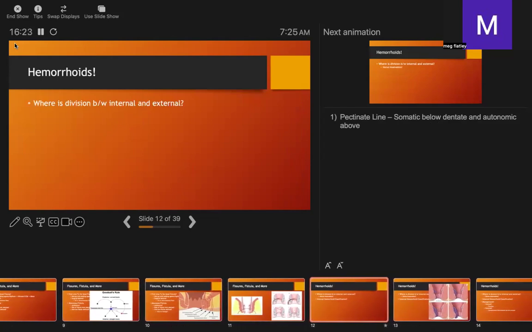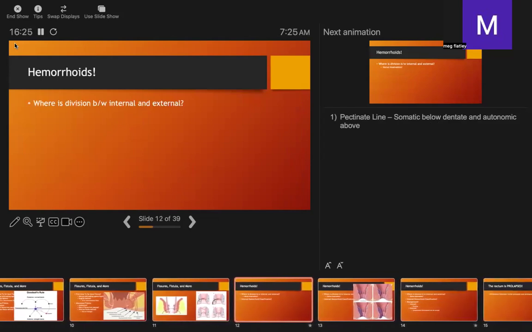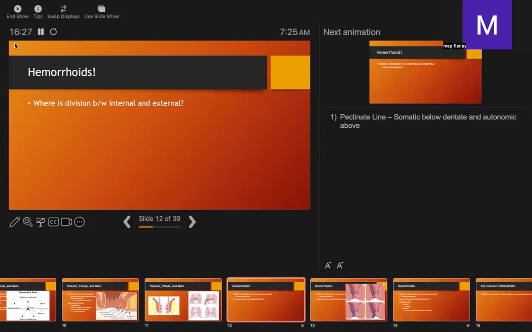All right, hemorrhoids. Where is the division between the internal and external hemorrhoids? Yeah, the pectinate line. Why is that important? Dentate, pectinate, they call them both. Yeah, it's the differentiation between pain fibers.